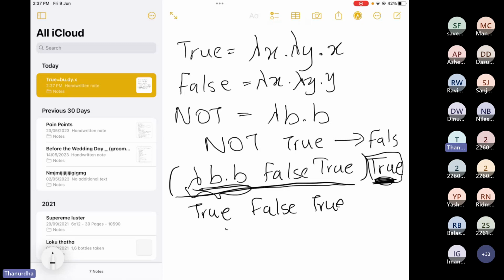But in lambda calculus, if we continue to expand this, we can get a proper idea of what it is. When we expand this true, as we know the syntax, it's going to be lambda x, lambda y, x, right? So given two inputs, it's going to choose the first one.